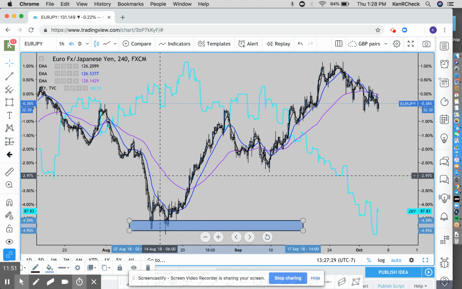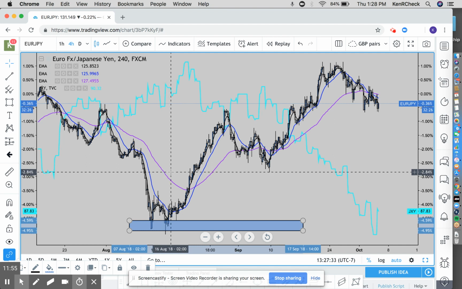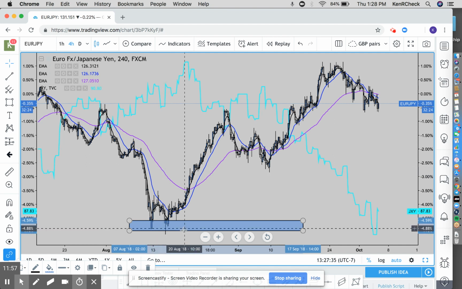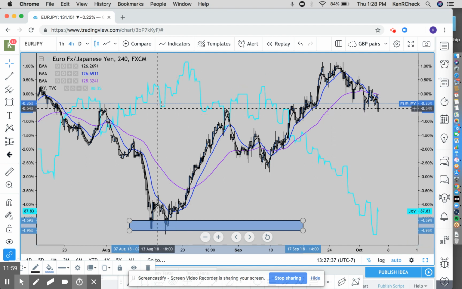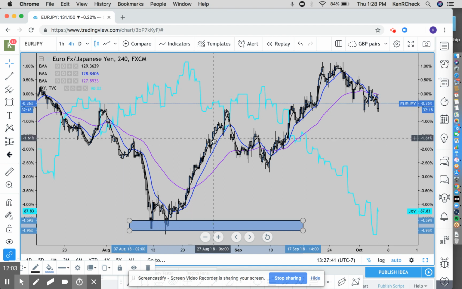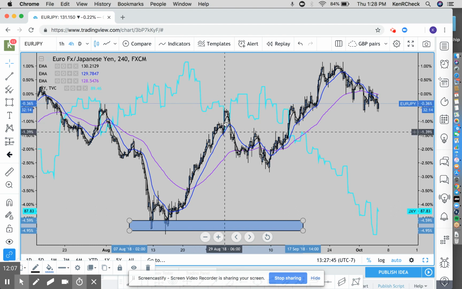So anytime that you see these dips right here, it's going up. It's the complete opposite direction of what euro versus the Japanese yen is doing. So then you see that it came down here, opposite, right?